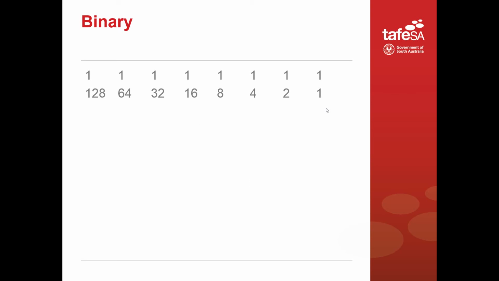If we had all of the bits turned off, so all zeros, we're going to get 0. This is the lowest possible number that we can have in our IP address. If we turn them all on, we're going to have all 1s, and if you add them all together, 128 plus 64 plus 32 plus 16 plus 8 plus 4 plus 2 plus 1, you're going to get 255.